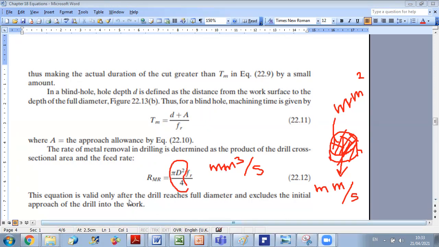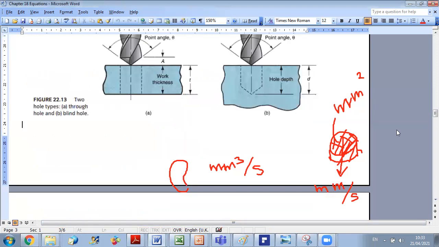And of course, this equation is valid only after the drill reaches the full diameter. So we should exclude the initial approach of the drill into the work, because when you are just at this position, the part that will be removed will be accounted for after. Because once you reach the full diameter, you will start to remove the full part. First you remove a small part until we reach the complete diameter, and then we account for the whole part.